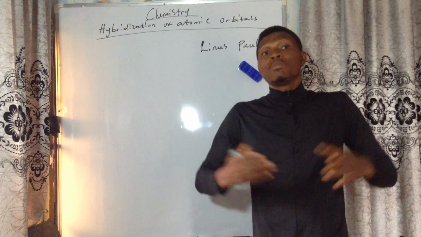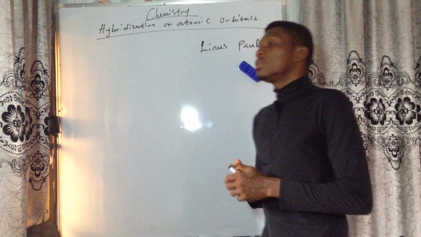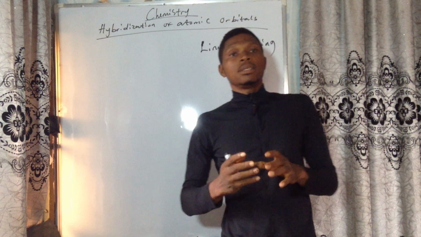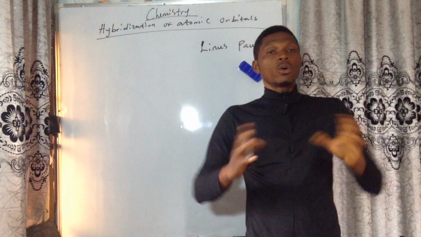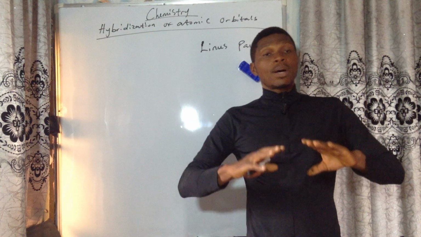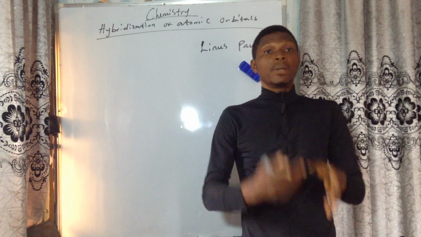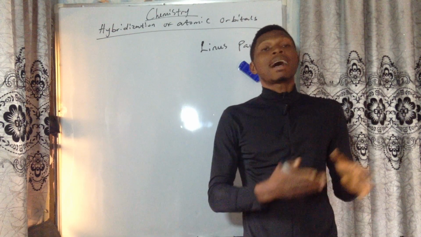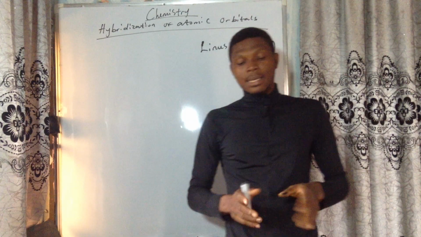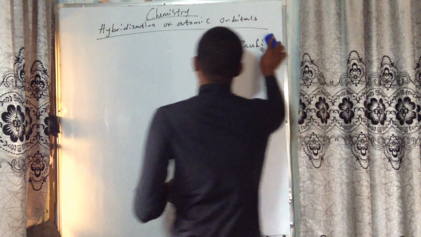This model holds that there is a region around the nucleus of an atom called an orbital, where there is a probability of finding an electron. That is the wave mechanics model.